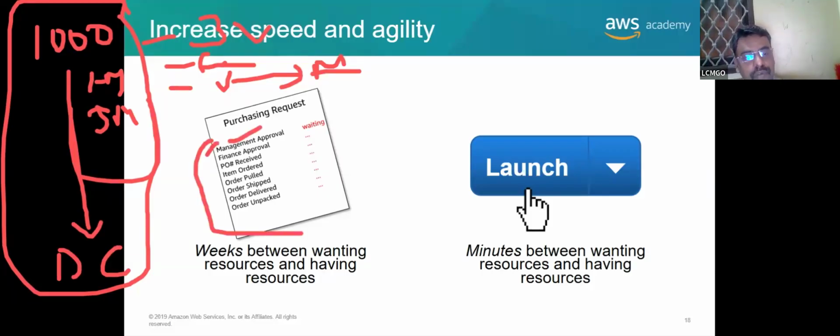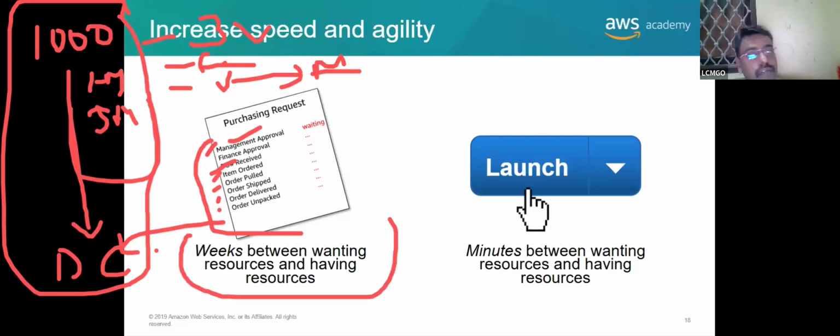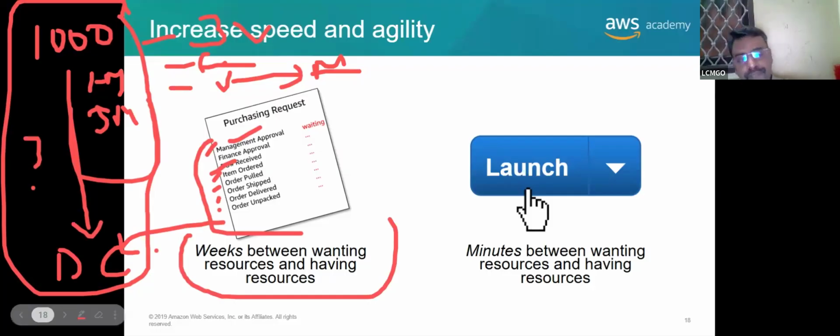Management approval, finance approval, PO raised, item ordered, item pulled, item shipped, delivered, unpacked, setup, everything will take time. You guys yesterday told me 1 month to 3 months, correct? Same thing. Maybe it will take around 3 to 4 weeks or 5 weeks to set up these 1,000 systems, that too if you have a proper vendor.